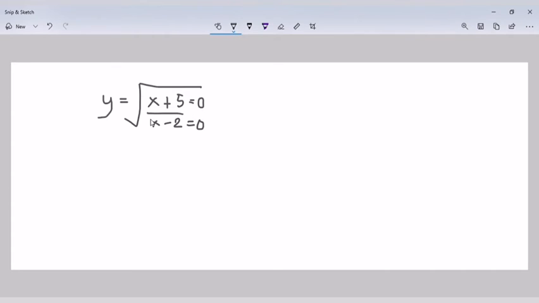So that would be x plus 5 is equal to 0. So x is equal to negative 5 using the additive inverse property. Next is x minus 2 is equal to 0. Then x is equal to 2.